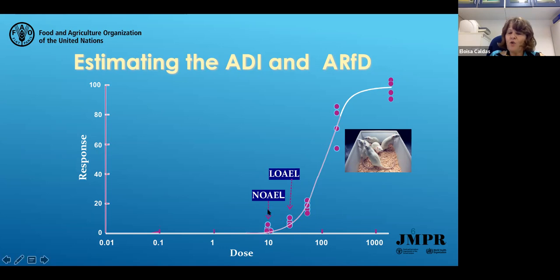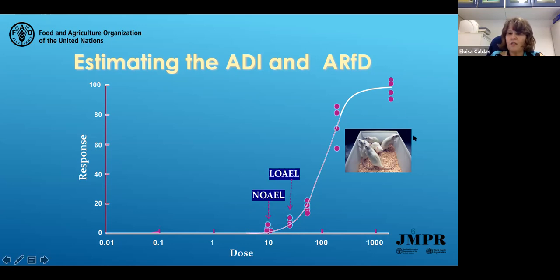But what we are really looking at is the level in the rat that did not cause any adverse effect. So the NOAEL is the no observed adverse effect level. That's the number that we are looking for in a laboratory study, rat study, or maybe sometimes even dog studies.